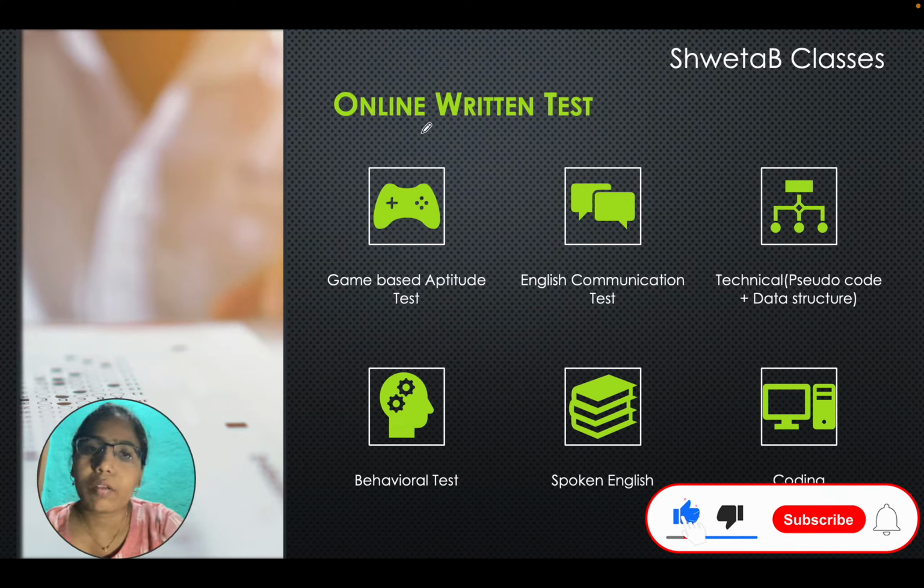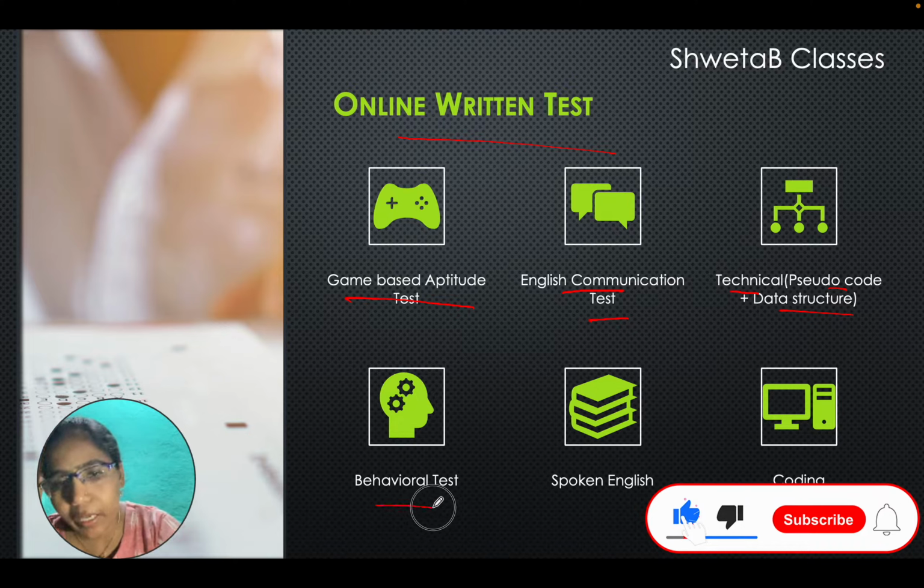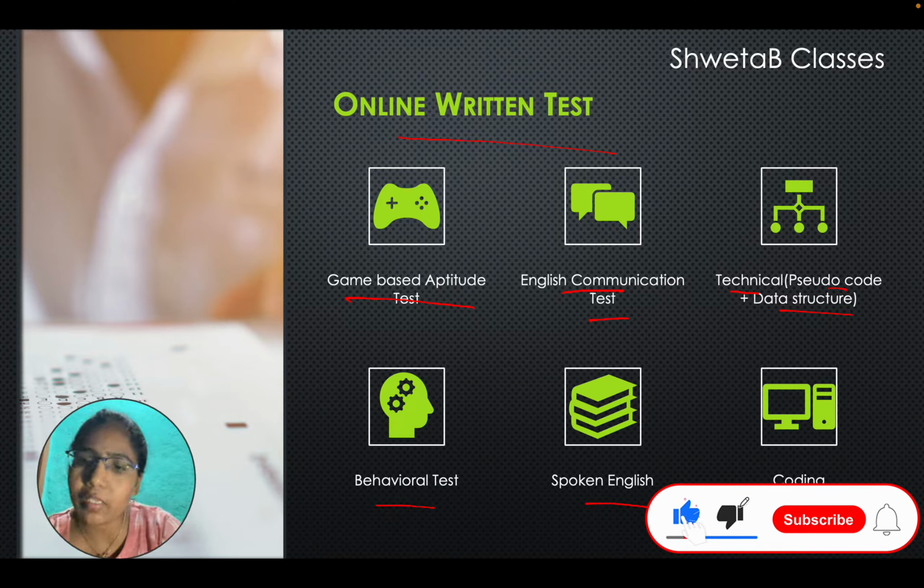Now the first round I mentioned here is the online written test. There are a total of 6 tests you need to clear here. One is a game based aptitude test, the second is the English communication test, and the third is technical, where pseudocode and data structures are included. Then a behavioral test, a spoken English test, and a coding test.